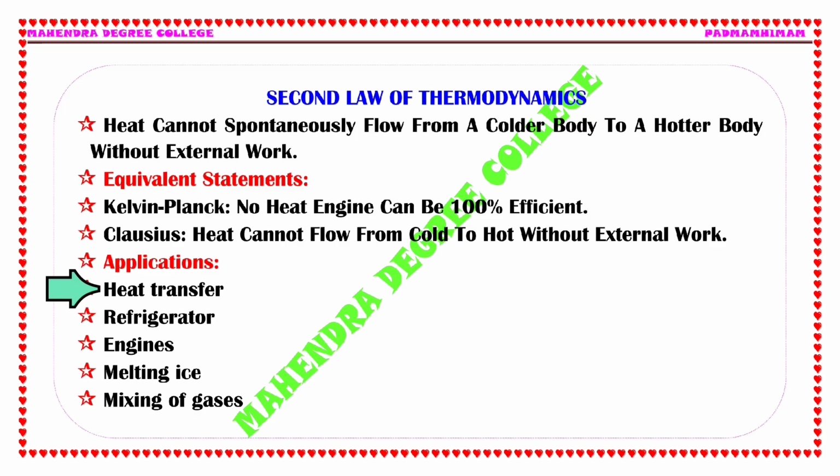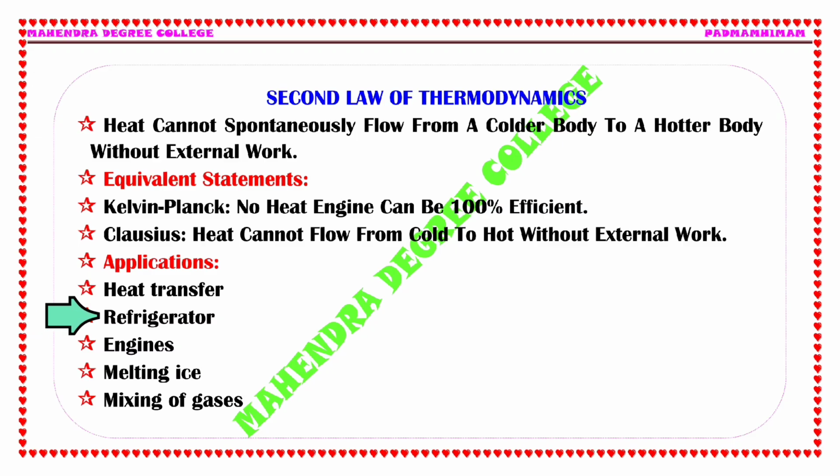Example, a hot cup of tea cools down when left in a room because heat is transferred to the cooler surroundings. The second law explains the direction of this heat flow.